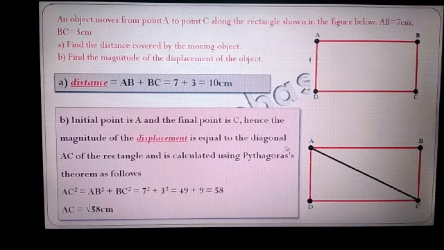To find this distance AC, AC square is equal to AB square plus BC square. Now here AB is given as 7, so AC square is equal to 7 square plus 3 square, that is 49 plus 9, that is equal to 58. Since we have to find the magnitude, AC will be under root 58 centimeter.